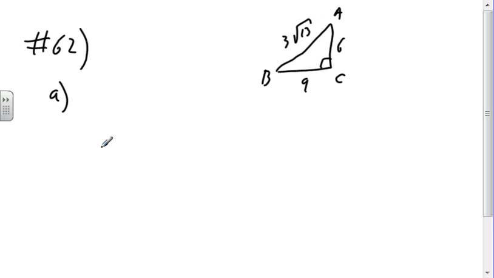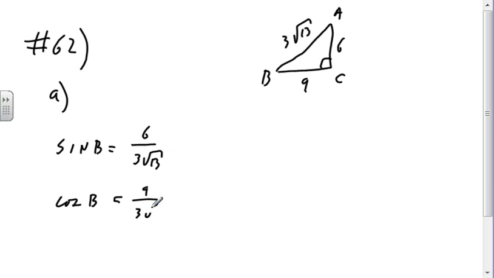Okay, so we want sine B. That'd be 6 divided by 3 square root of 13. And then we want cosine B, 9 divided by 3 square root of 13.